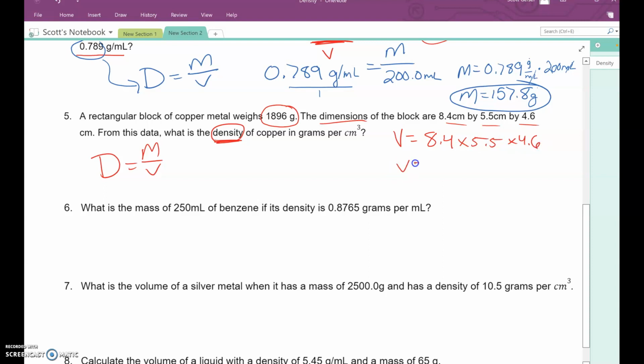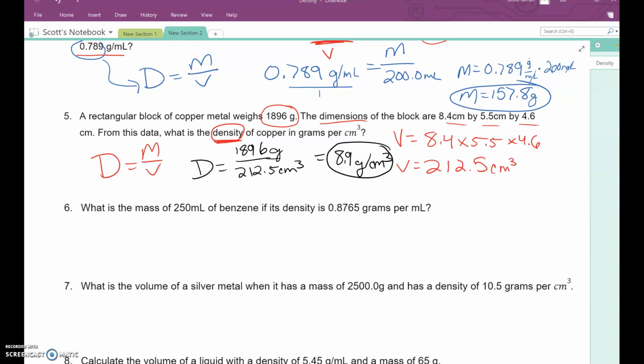When you multiply those together, you should get something like 212.52, but we can just go 212, that's fine. And that is centimeters cubed. We're just going to plug that in for the volume. We're going to plug in the mass, and then you're going to tell me what you get. You should get 8.9 grams per centimeter cubed.